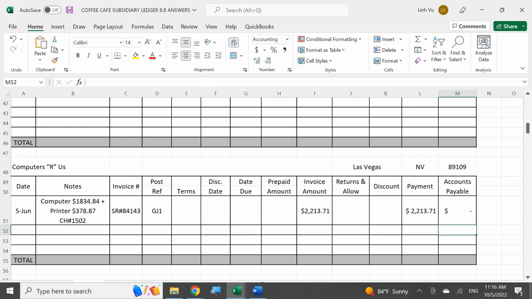Now we live in the digital age, so in case you do lose that receipt, take a picture of it, print out a copy of it, scan a copy of it, or make a photocopy of it. Whatever means to keep yourself organized and keeping those receipts together is very important.